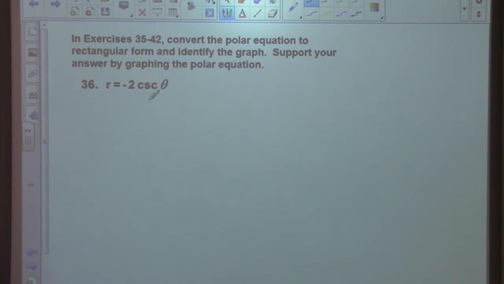So really it's the same type of thing as before, right? We're going to divide by cosecant theta. So we have r over cosecant theta equal to -2. And then what is cosecant theta equal to?